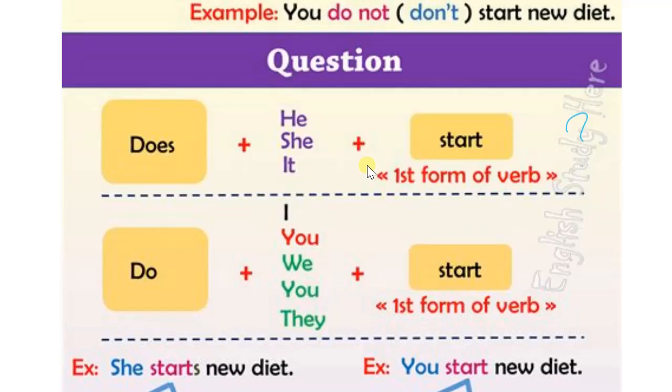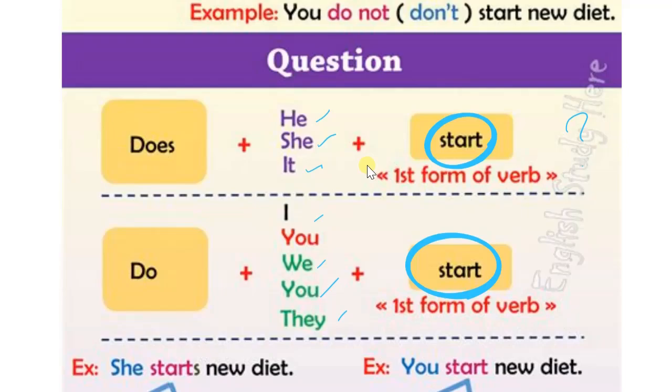Question is basically going to involve the question mark. It will usually start with the auxiliary verb does or do. When it starts with does, the pronoun after it is he, she, or it, followed by the original form or the first form of the verb. If the question starts with do, it will be followed by they, we, I, you, and followed by the first form of the verb.